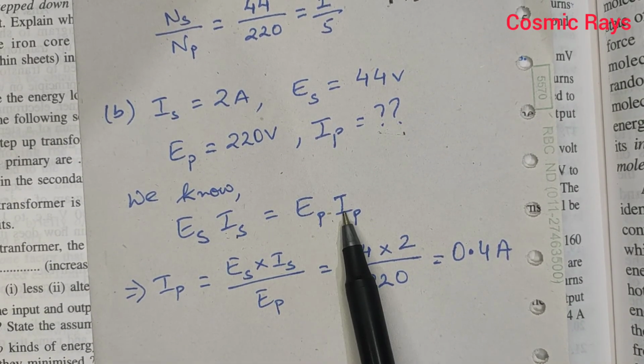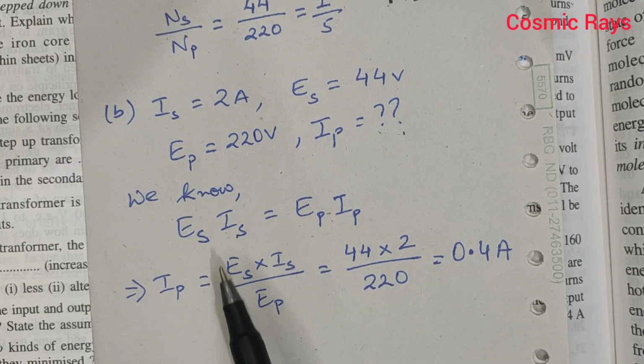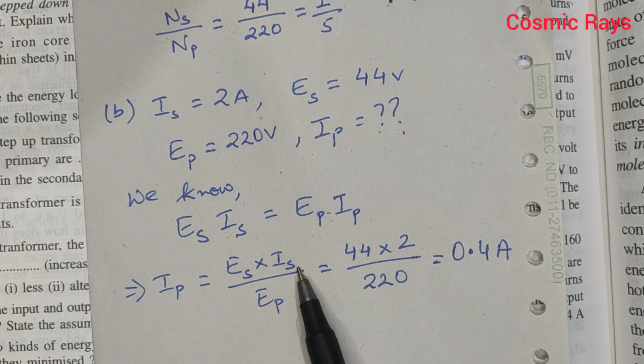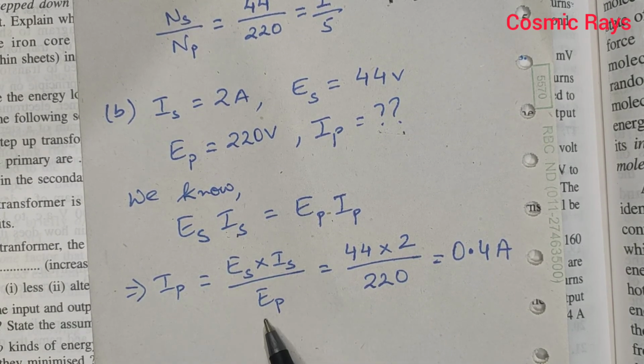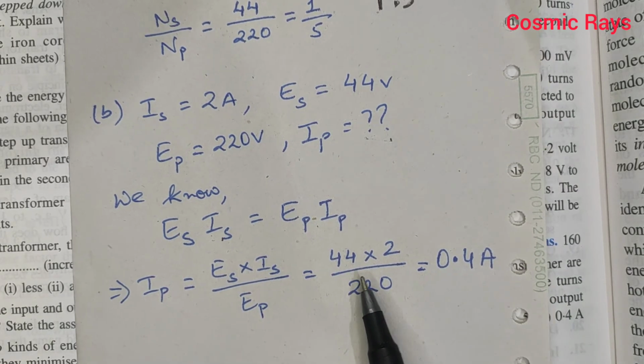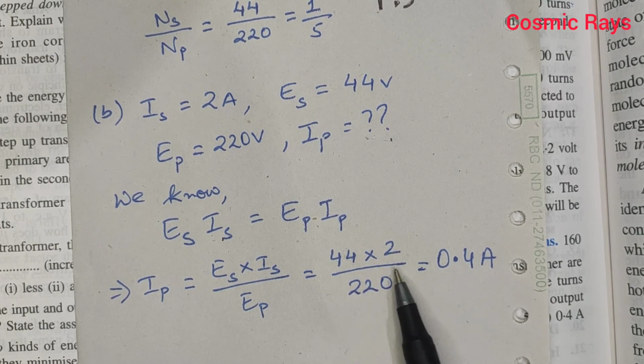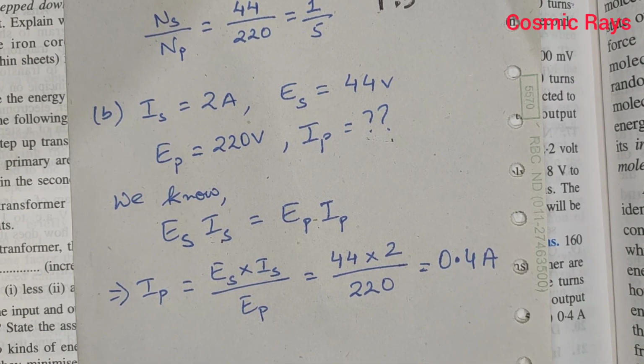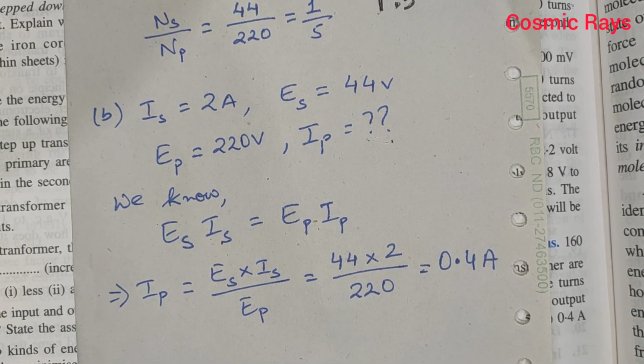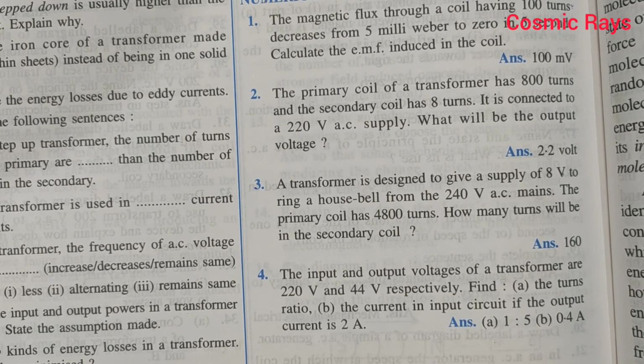So from here Ip is equal to Es into Is divided by Ep. So we just substitute the values, 44 multiplied by 2 upon 220, and after simplification we get 0.4 ampere. So the input current is going to be 0.4 ampere.